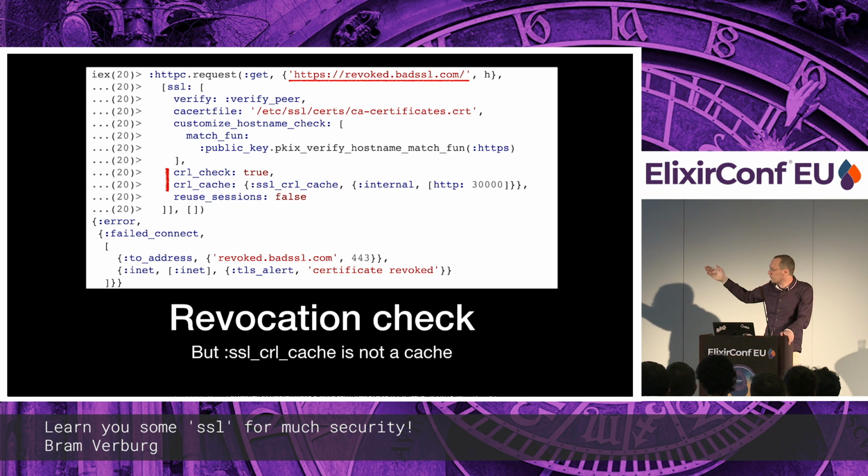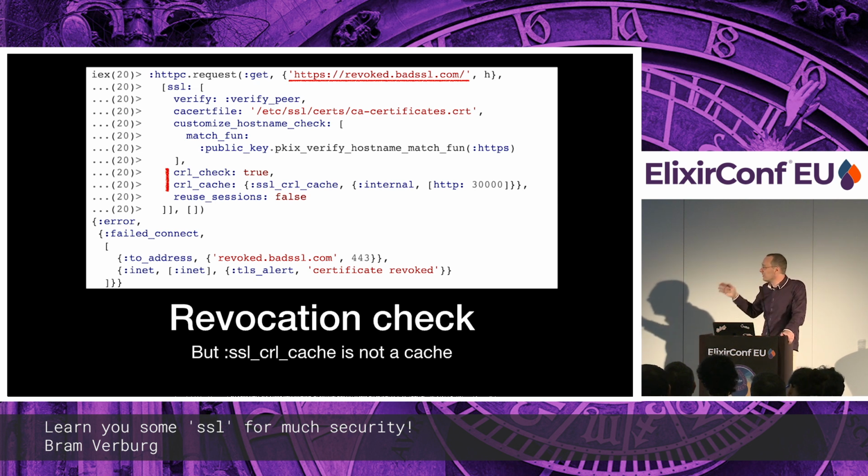Now note the use of the SSL CRL cache module, which you might be forgiven for thinking is a cache, but it's not. The line that actually would make it a cache is commented out with a note saying, we need to figure out how to purge the cache at some point.